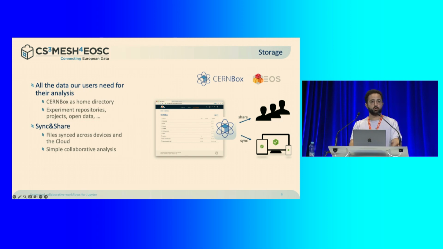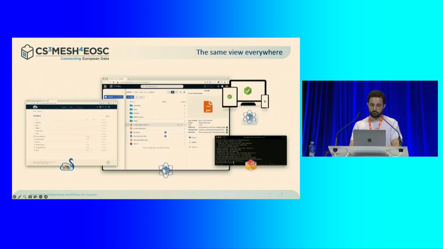For example, we have some users that use the sync clients that you can install in your laptop and create workflows around it. They might be doing some work with their preferred IDE in their laptop and immediately go into the cloud and run whatever script they were developing.